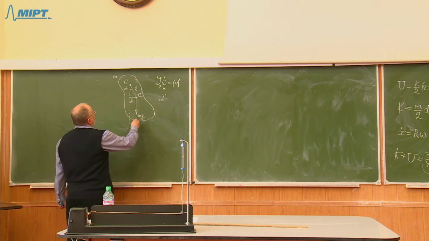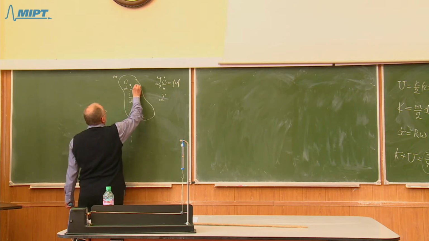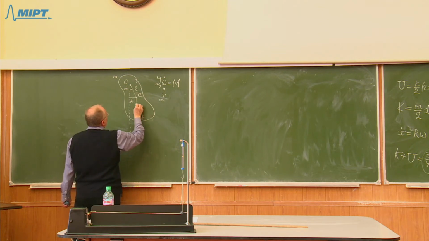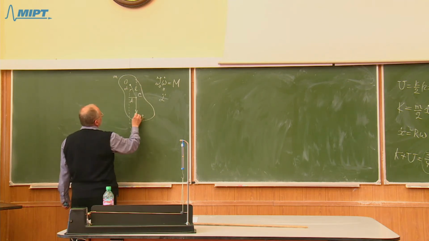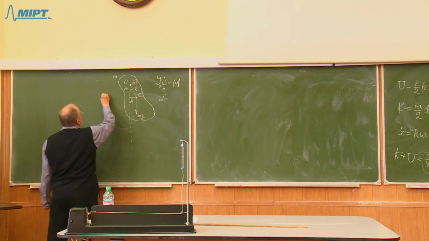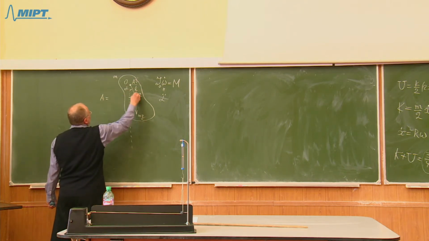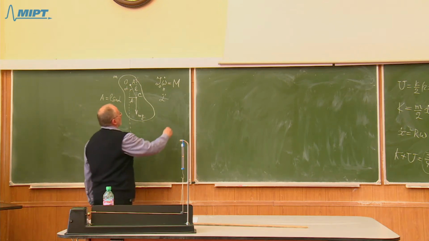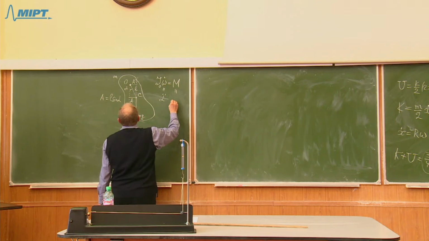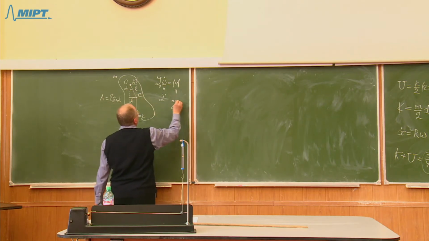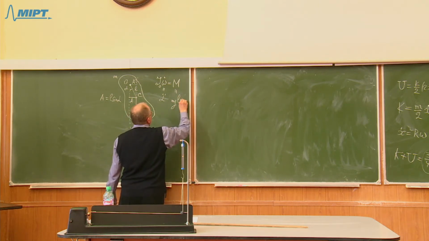I recall that the arm of the force is the shortest distance between the line along which the force acts and the axis of rotation. So this is the arm of the force, and it is equal to L sine alpha. So the torque will be equal to force mg times the arm of the force, which is L sine alpha.